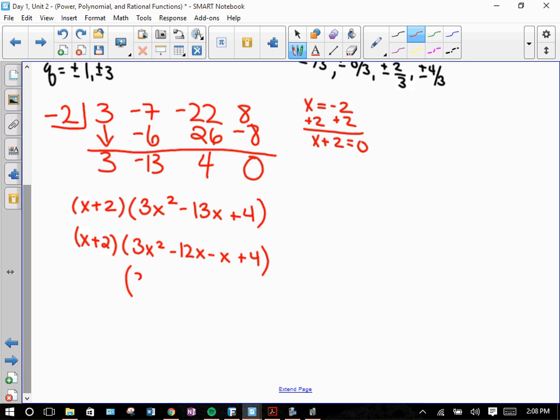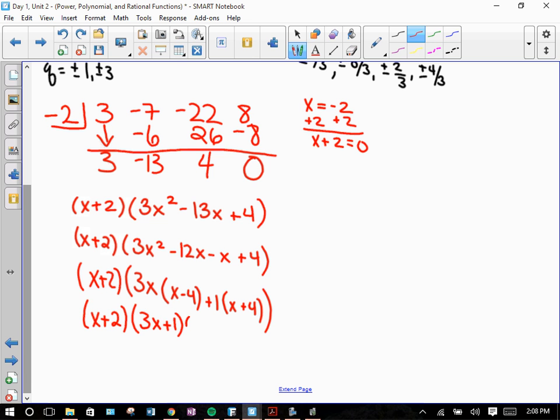So I have 3x times x minus 4. Factor a positive 1 over here. x plus 2 times 3x plus 1 times x minus 4. I factored it.